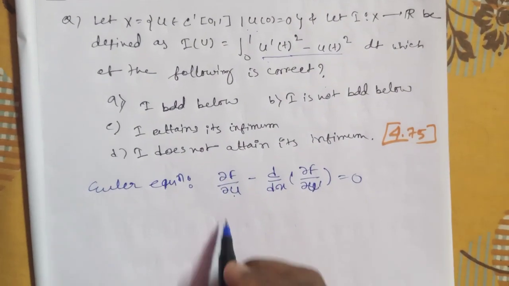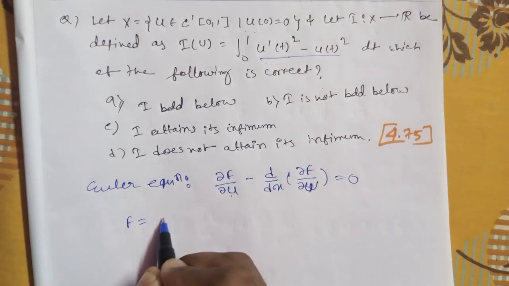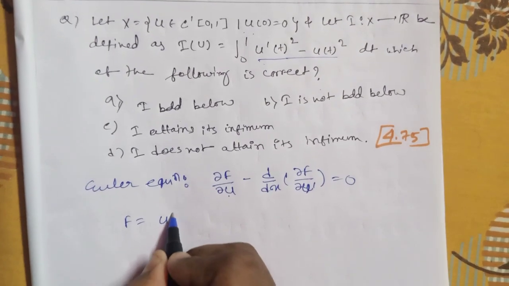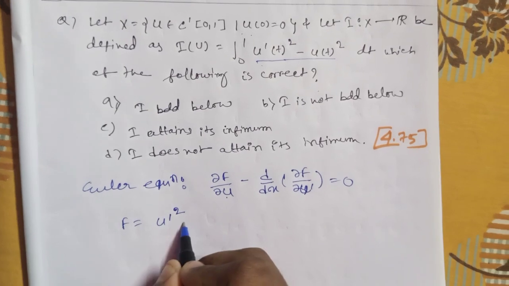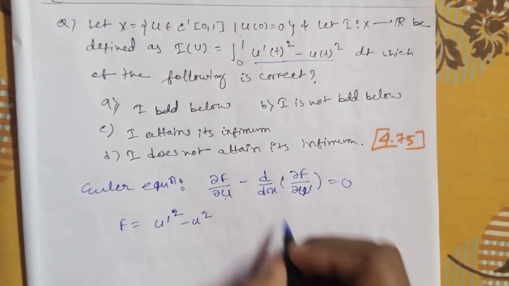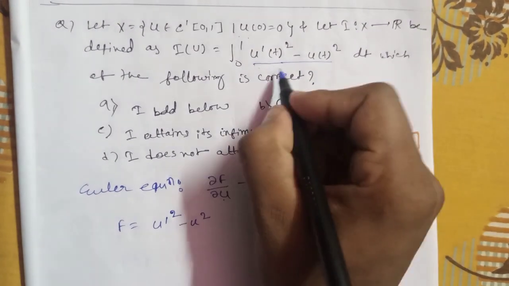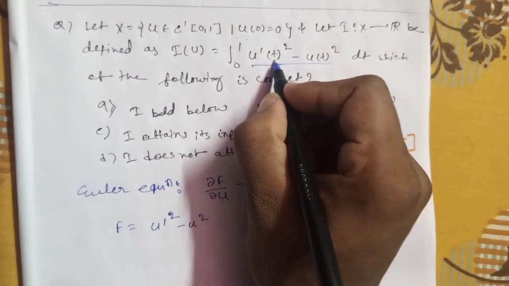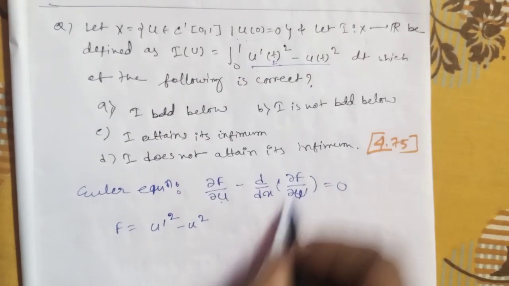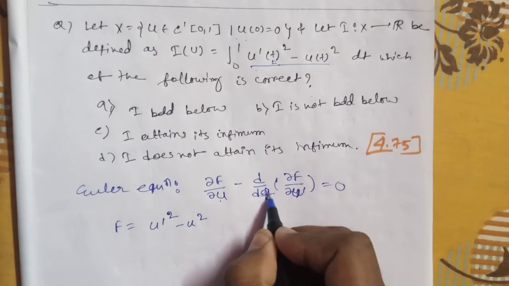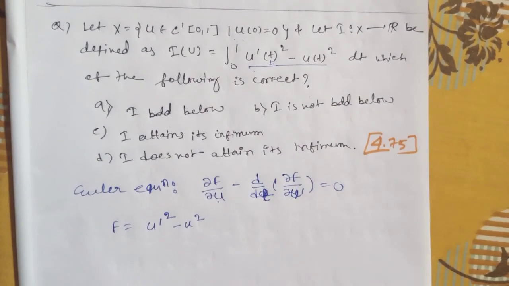So f equal to u'² minus u². If we look here, the independent variable is t, not x, so we have to put t here, not x, right?